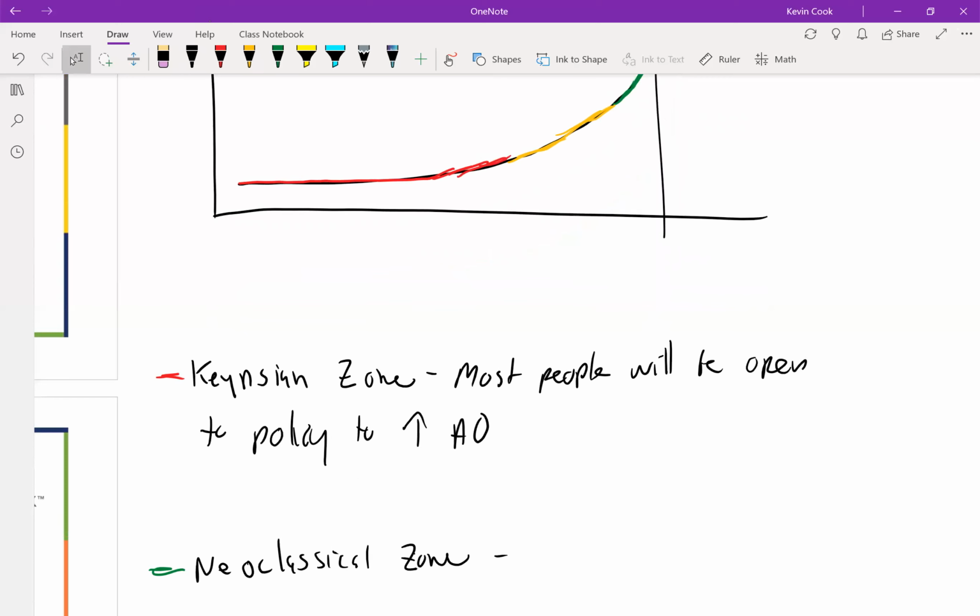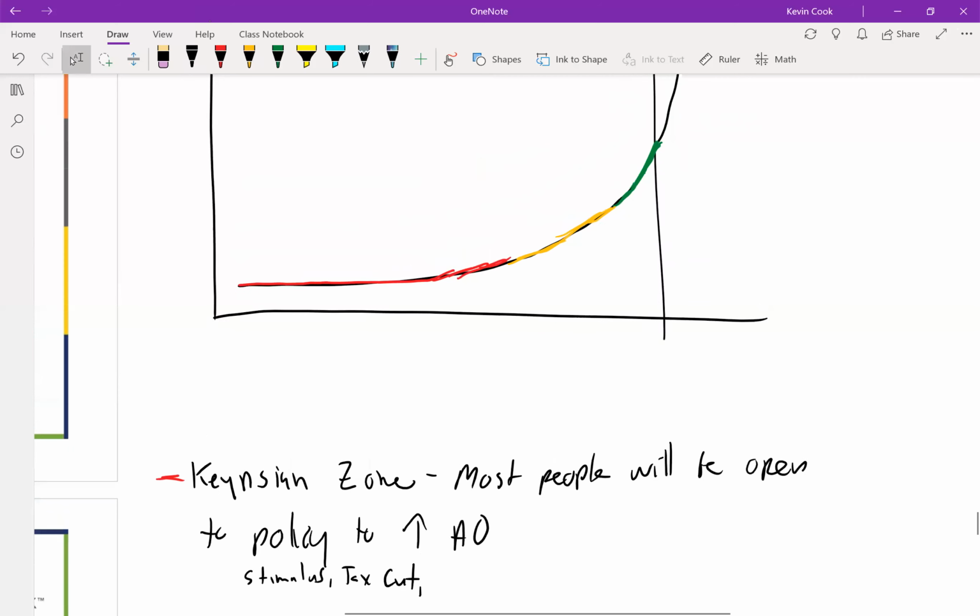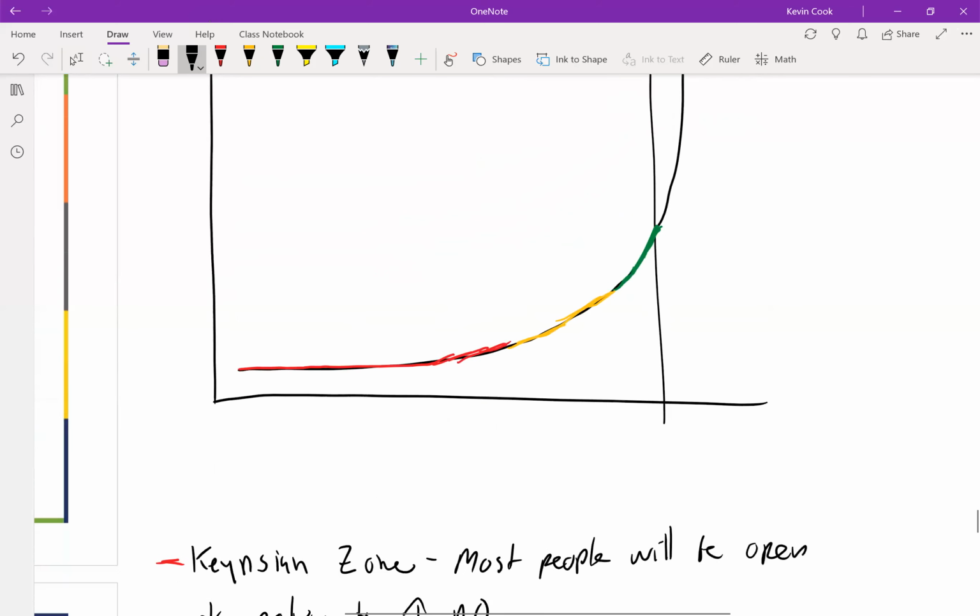So this could come in the form of something like a stimulus, or this could be a tax cut, whatever it is. But if we're in this red zone, again, people are willing to have policy. So right now, again, it's not a great time, but for the sake of this example, it's a convenient time. I'll put it that way.